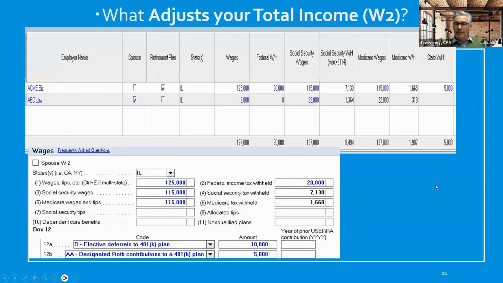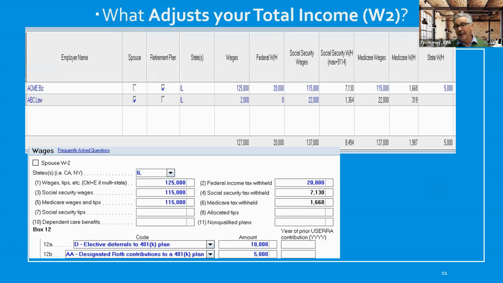So before we move on from this, let's go back to the W-2. This can be a pretty complex document or tax form, depending on what kind of benefits the employer has available.